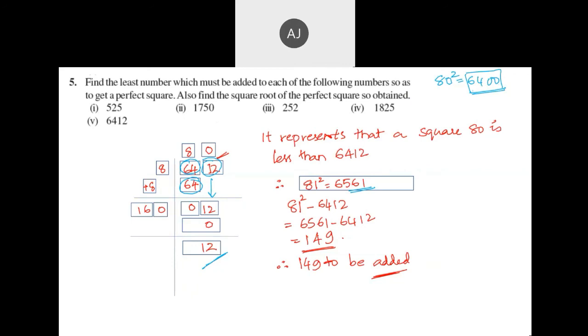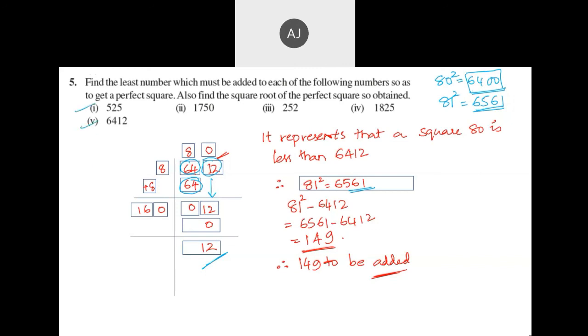Now the question is what should be added? The question is not what should be subtracted, but what should be added. Therefore, we have to consider 81 square, which is 6561. So 6561 minus 6412 will give the number to be added. Now, all of you must have understood it.